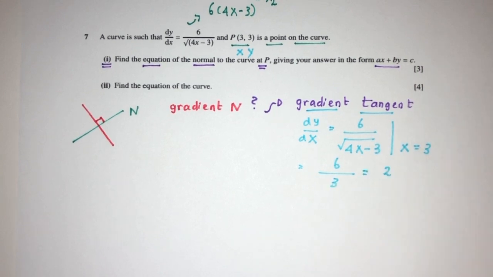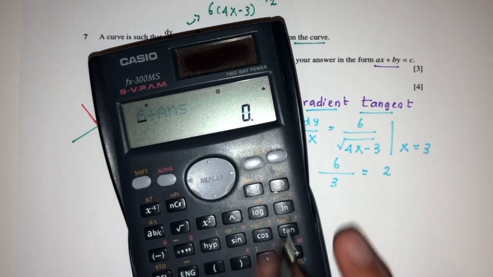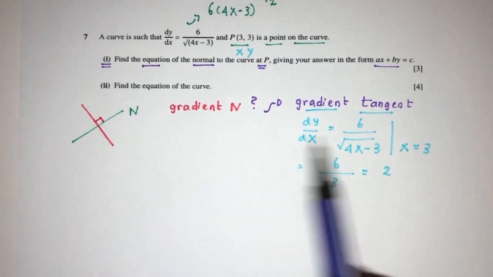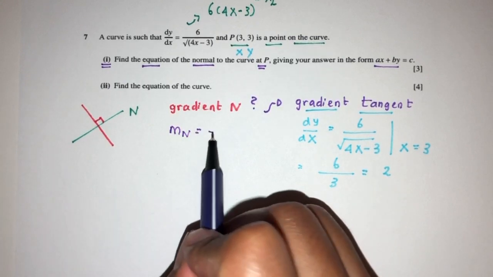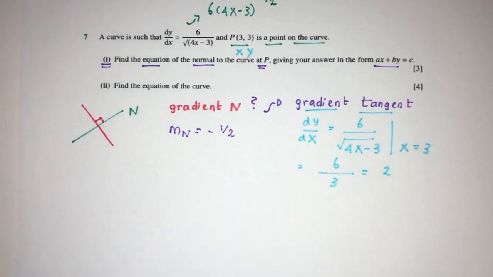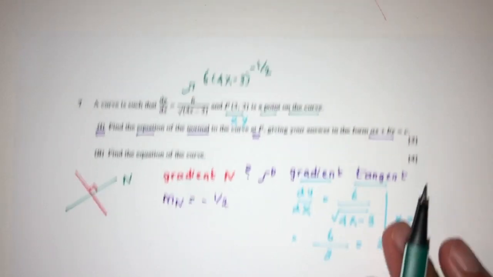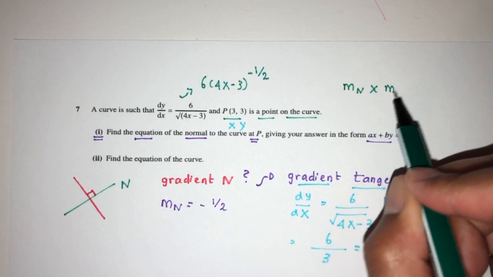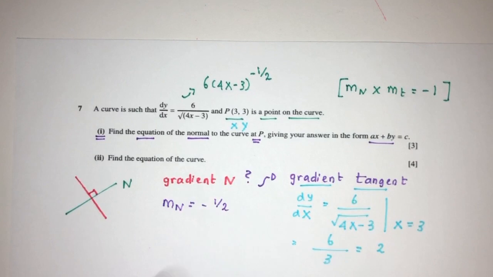That should be 2. Let's check. 4 times 3 minus 3, 9. Root of 9 will be 3. 6 divided by 3, that should be 2. Now this is the gradient of the tangent, right? Now from this we derive that the gradient of the normal has to be minus half. Of course we also have to know this: the gradient of normal multiplied by the gradient of tangent is equal to minus 1. So by using this knowledge we can derive this.